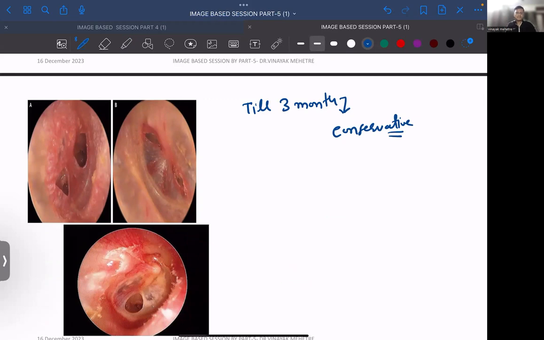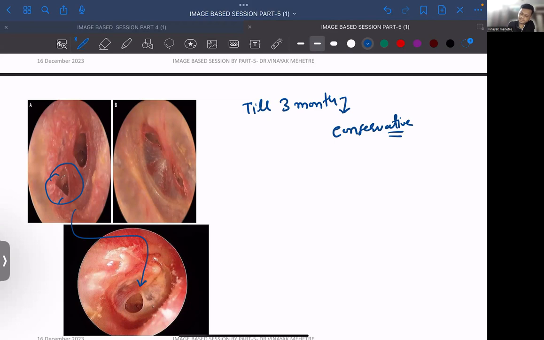Reason being, the tympanic membrane can heal by itself. For example, suppose this was a tympanic membrane perforation. After some time, this will be the picture. The tympanic membrane is trying to heal by itself. So no need to give anything, right?